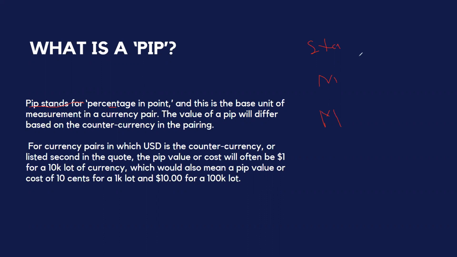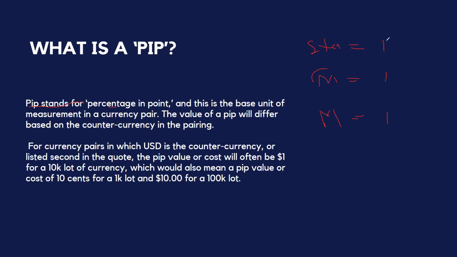So we have a standard lot size. A standard lot size starts from 1 going up to 10, 11, and up to 50. We also have a mini lot size, also starts from 1. The minimum is 1. And the micro lot, the minimum is 1.